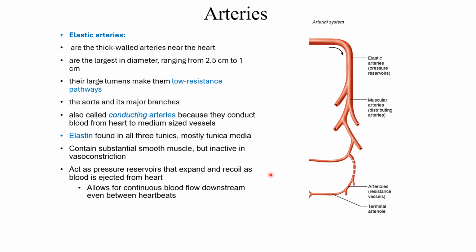What does that mean? When the heart beats and pushes the blood in the vessel, they expand, and then between the heartbeats they contract to maintain the blood flow, because now the blood flow has stopped. Just imagine if you put a hose to a tap. When you open the tap, the blood is flowing, but just imagine the tap is like a heart.